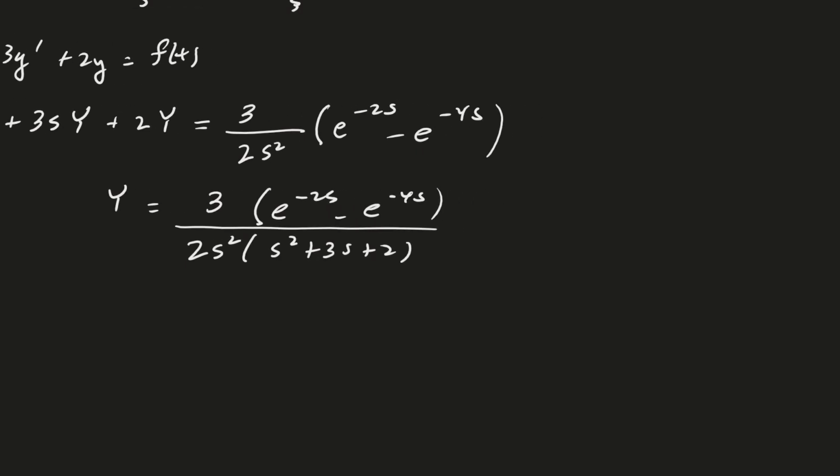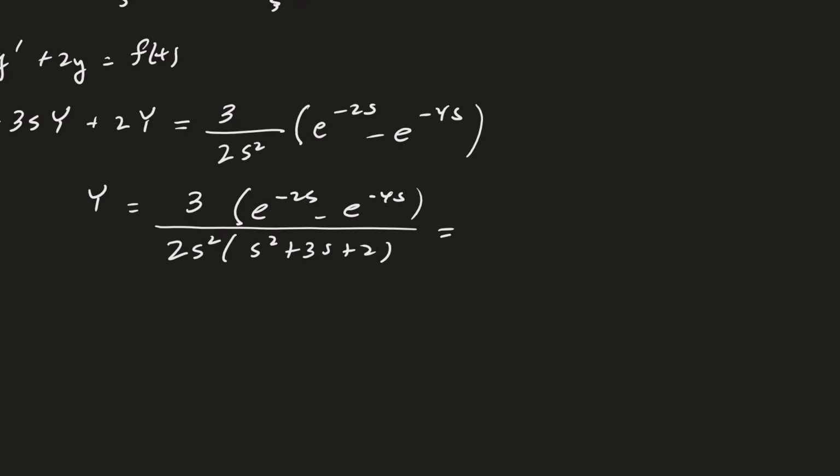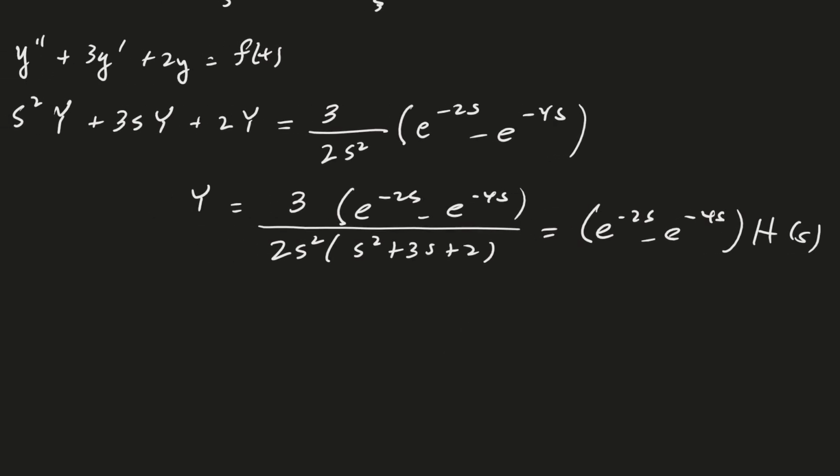Now, remember what we were talking about before? Think of this as e to the minus 2s minus e to the minus 4s times H of s. And so what is the solution going to be at that point?